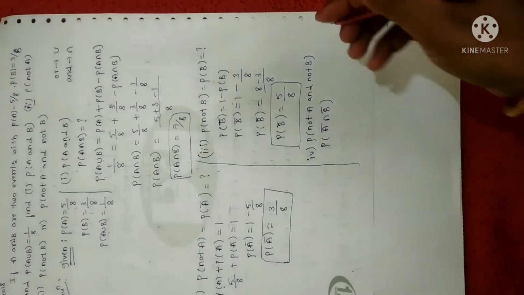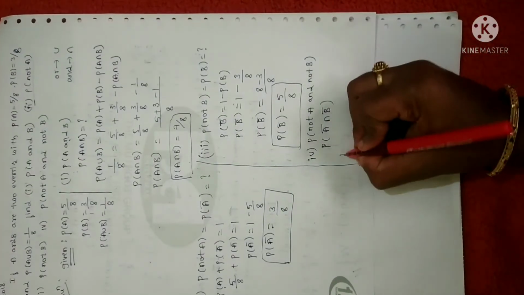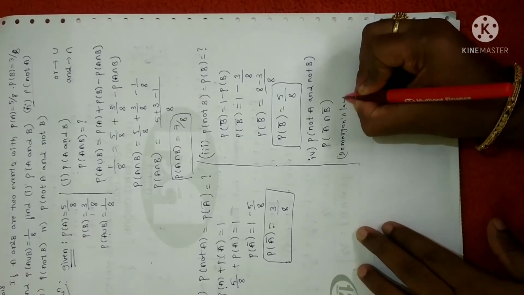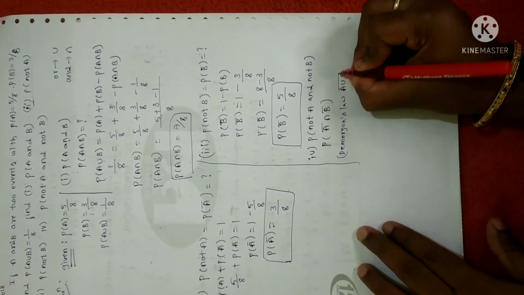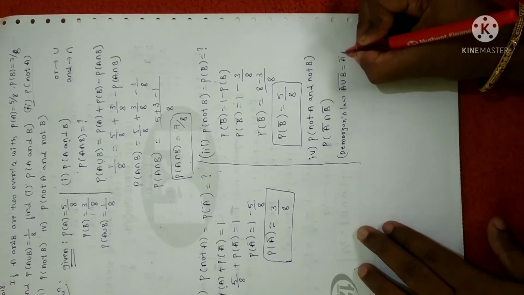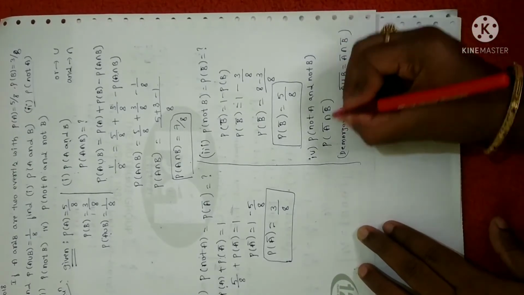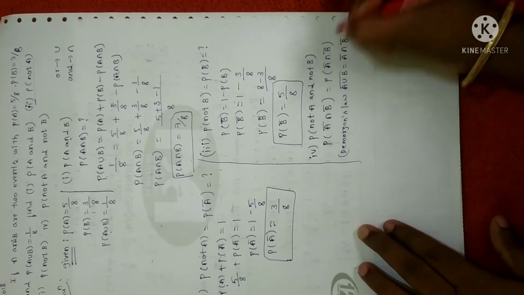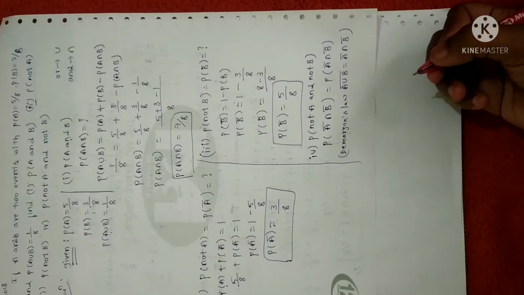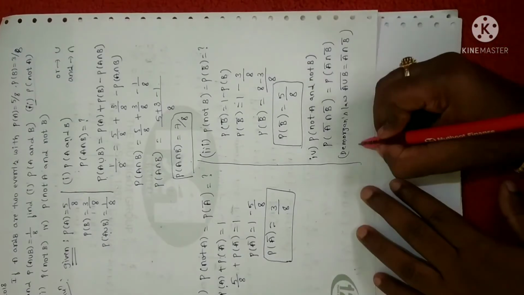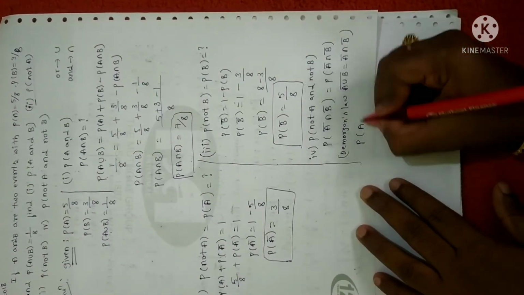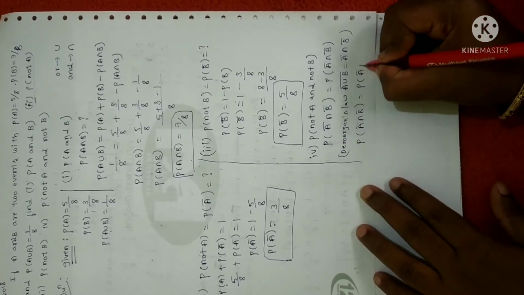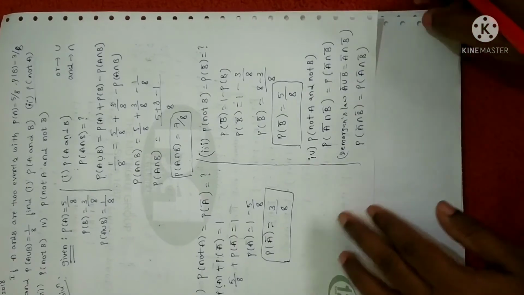Now we already know that De Morgan's law says that A union B whole complement can be written as A complement intersection B complement. So I can write this as probability of A complement intersection B complement. Fine. Now why? Because we know the data of it. Now we have probability of A bar intersection B bar, by De Morgan's law I have written it.